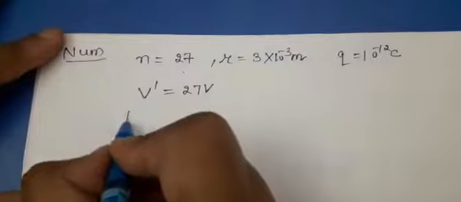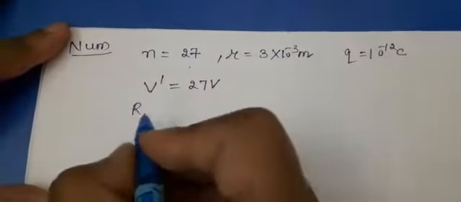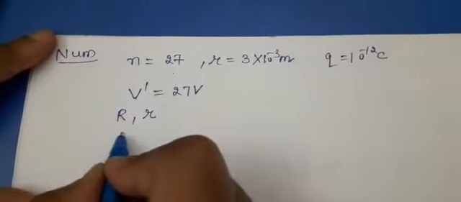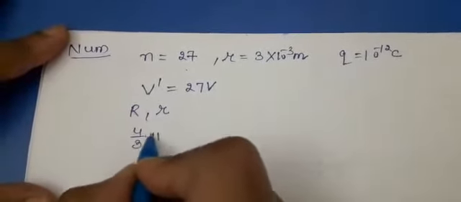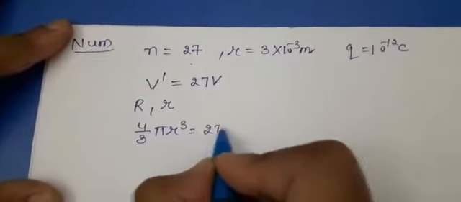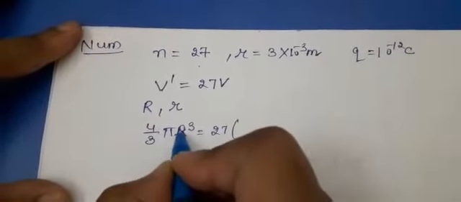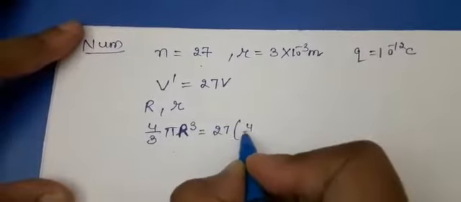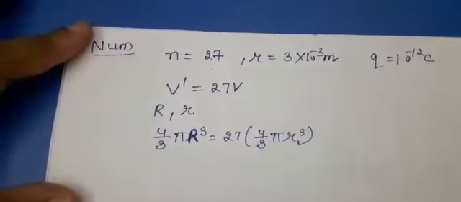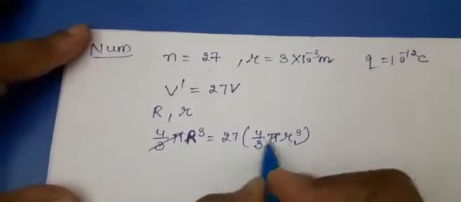So let me take capital R as the radius of the big drop, small r as the radius of the small drop. The drop is spherical in shape, so its volume is 4 by 3 pi r cube. Then for the big drop, with capital R, it will be 27 into 4 by 3 pi r cube. Now 4 by 3 pi will cancel out.